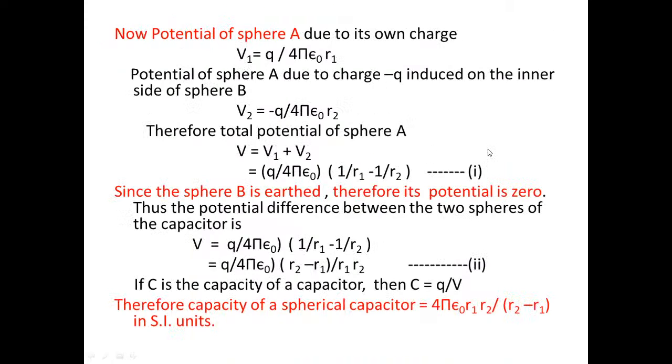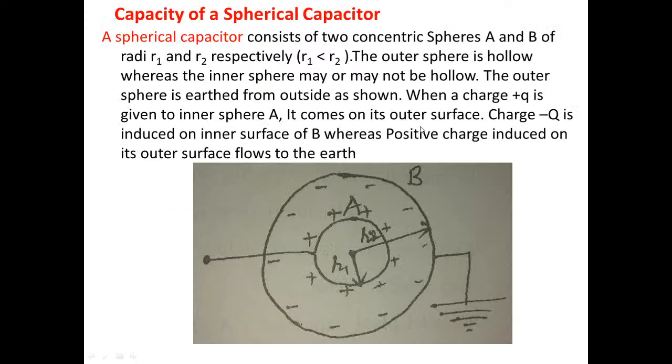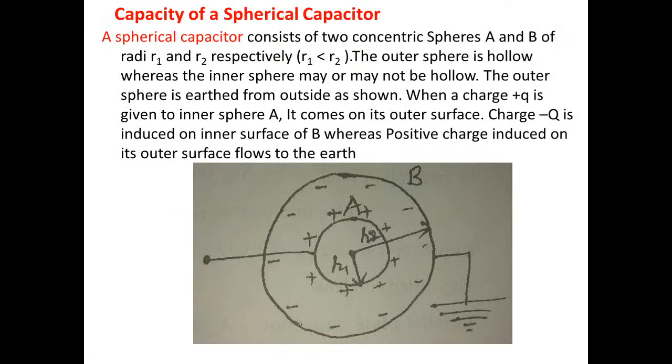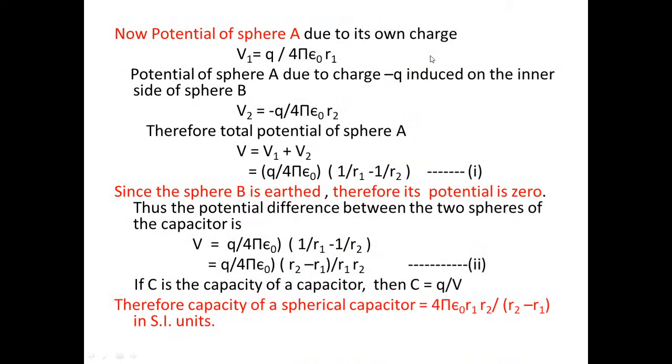Now, potential of sphere A due to its own charge, say V1, is equal to Q upon 4 pi epsilon naught into R1. Similarly, potential of sphere A due to charge minus Q induced on the inner side of sphere B, V2, will be equal to minus Q upon 4 pi epsilon naught into R2.